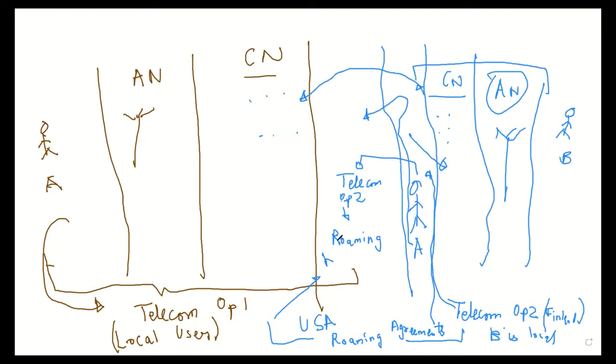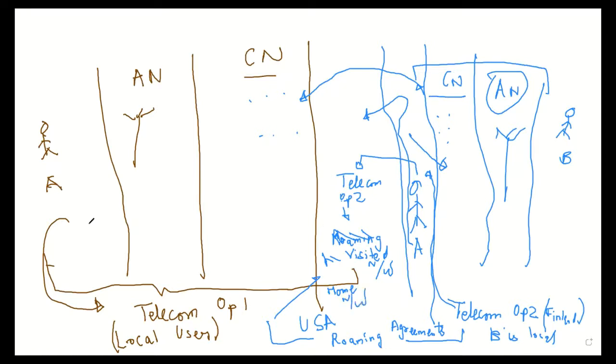So actually, to be technically more precise, you can say that telecom op2 is actually a visited network. The service is roaming, but it's called the visited network. And over here, telecom op1 will be called as the home network, right?